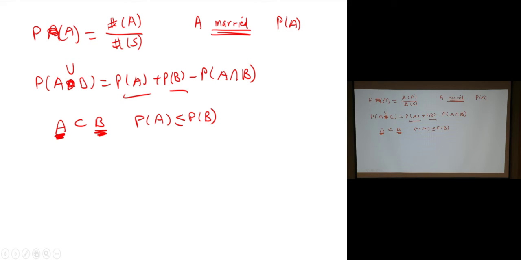The probability of A will be the number of people married divided by the total number in the population that I'm looking at. Okay, how about event B? Married and smoking. So what can you say about A and B? Is A a subset of B, or B a subset of A, or are they not related?